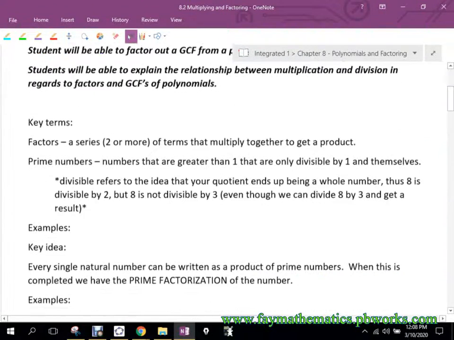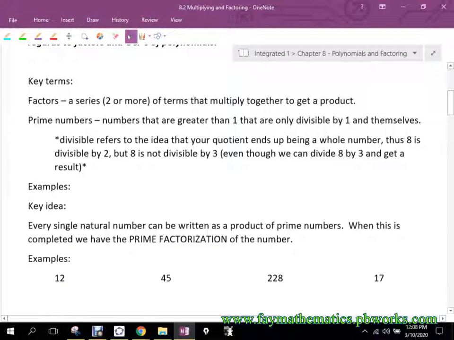Multiplying. Okay? The undoing of that is called factoring. So the undoing of multiplication is division. So factoring and division go together. They're fancy words for the same thing. Distribute and multiplication, fancy words for the same thing, right? Multiplication undoes division, division undoes multiplication. Factoring undoes distributing, distributing undoes factoring. Okay?